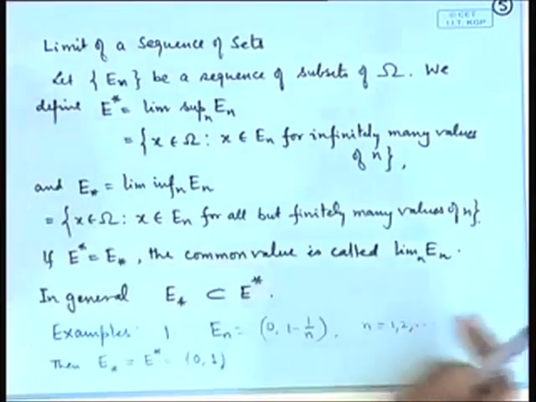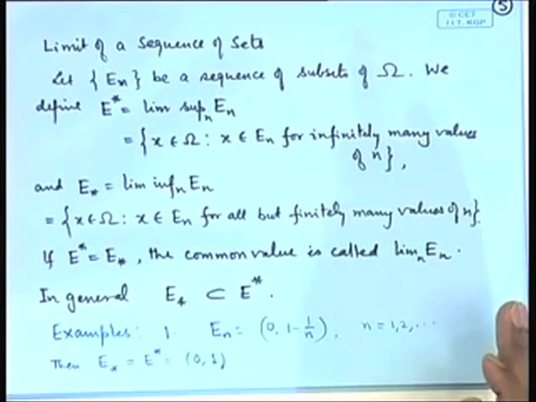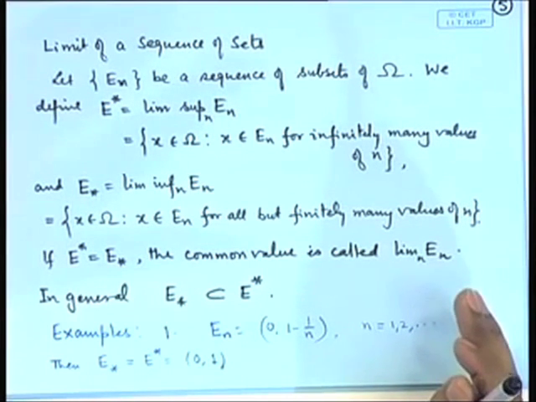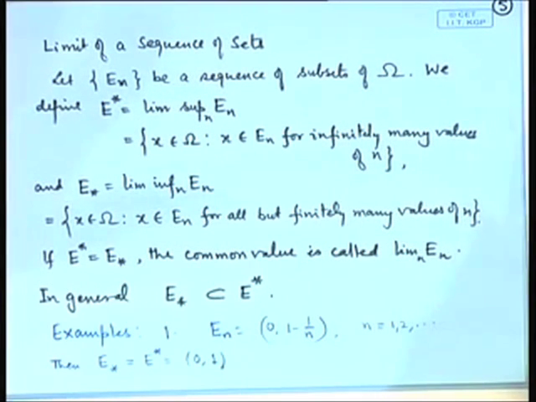We have all heard about the limit of a sequence of numbers. For example, you easily understand that the limit of a_n is equal to a if for every epsilon greater than 0 there exists a capital N such that the modulus of a_n minus a becomes less than epsilon whenever n is greater than or equal to capital N. This shows that the values of the sequence a_n become closer to the number a as n becomes large.